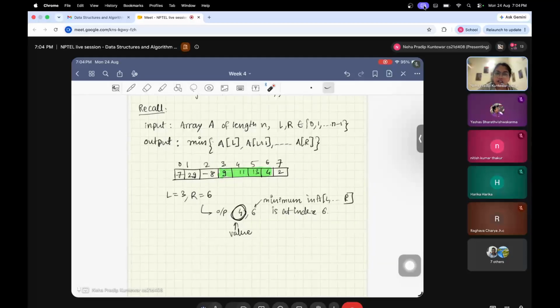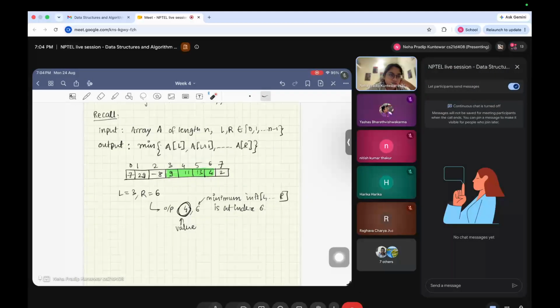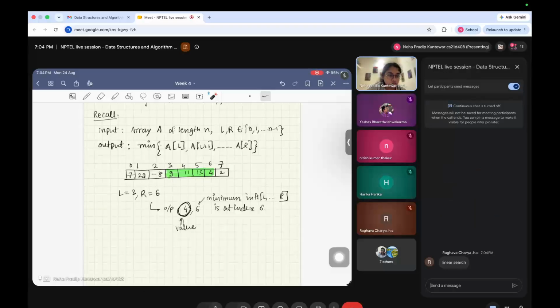So what is the trivial algorithm for solving this problem? What is something you can think of? Okay, linear search.